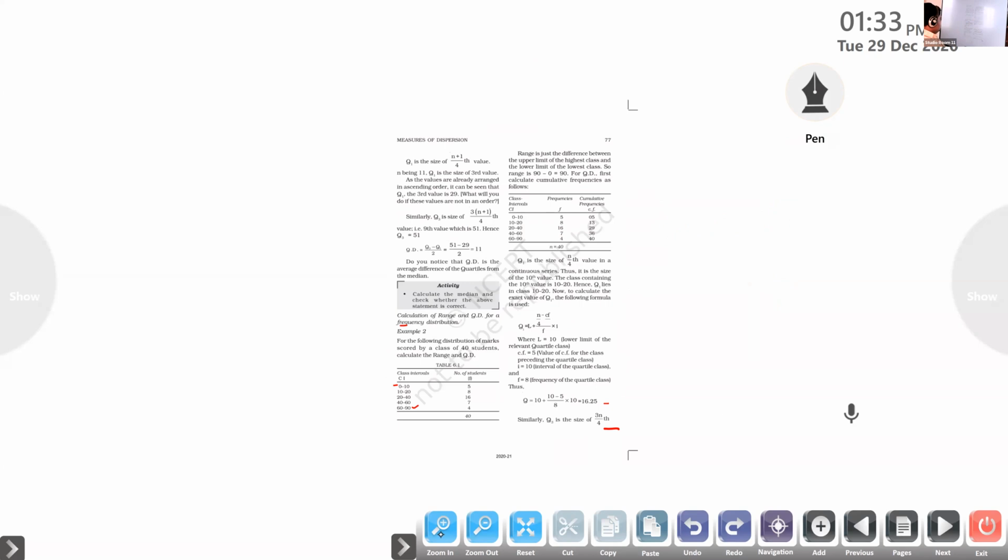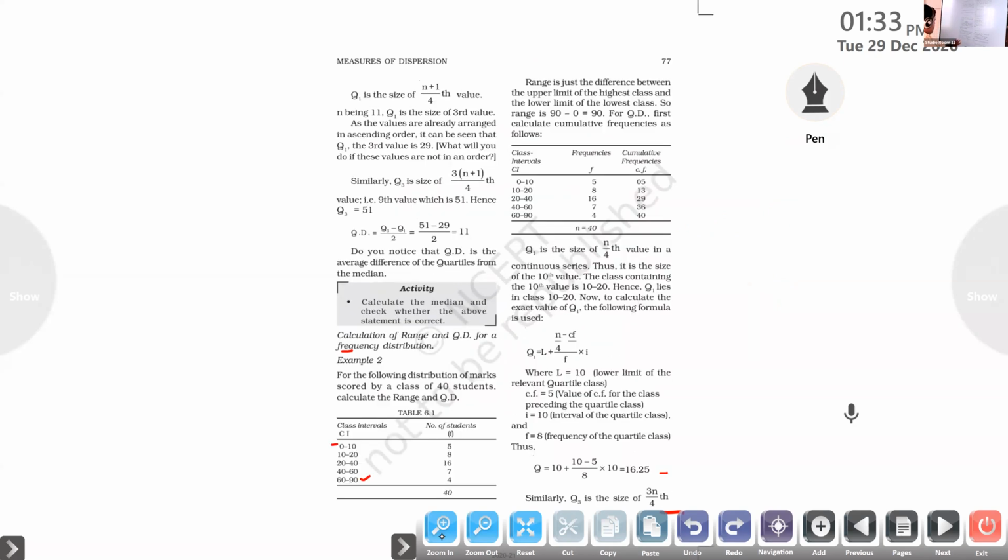Just rewrite this question. Table number 6.1. I'm making some changes in the numbers.